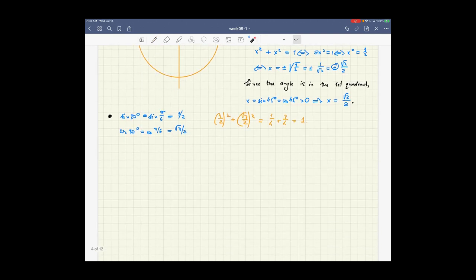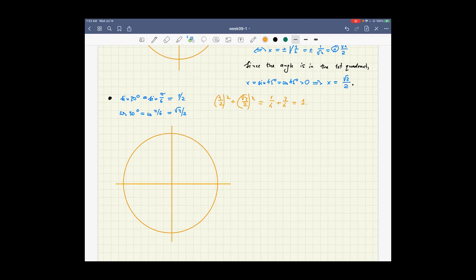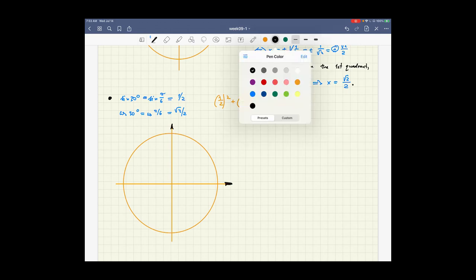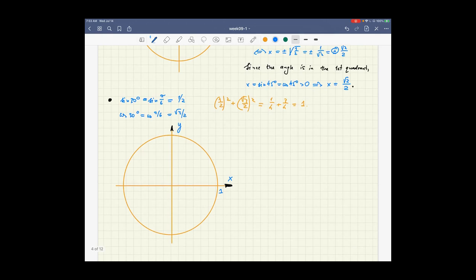Again, we draw a unit circle centered at the origin. And let's show an angle of 30 degrees, or pi over 6.